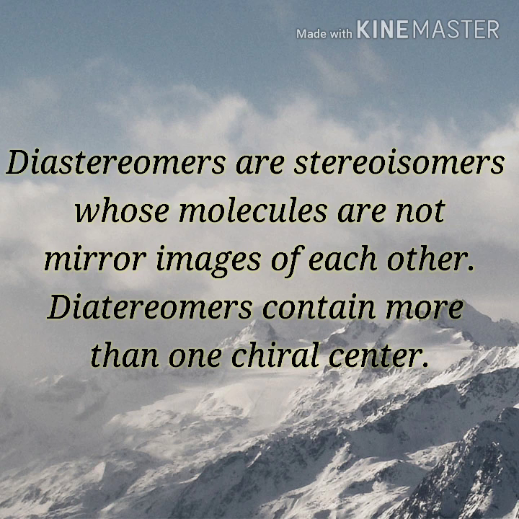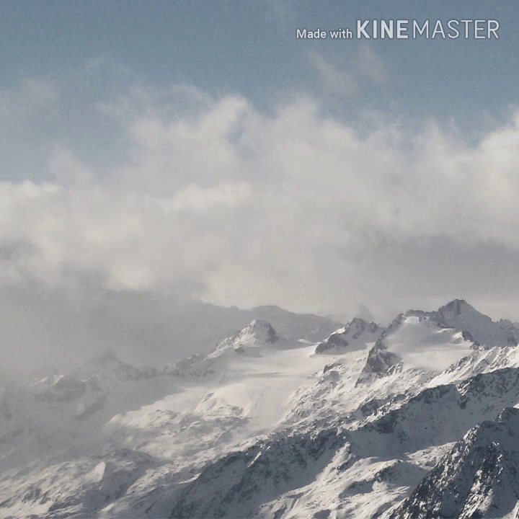Diastereomers are stereoisomers whose molecules are not mirror images of each other, so they have more than one chiral center.